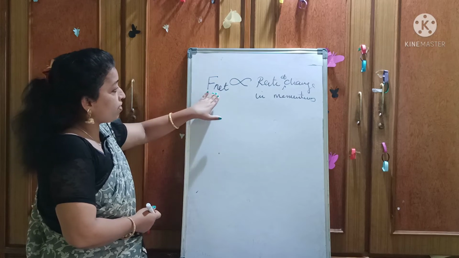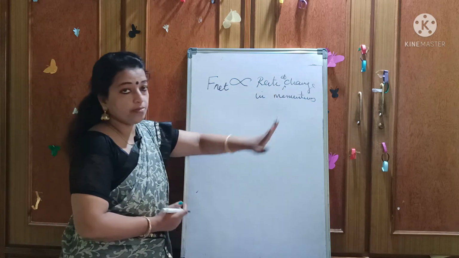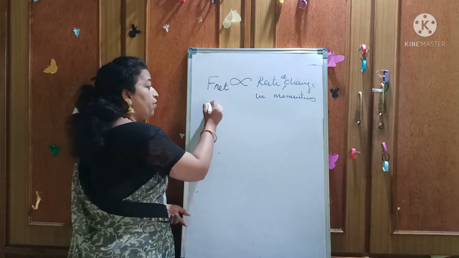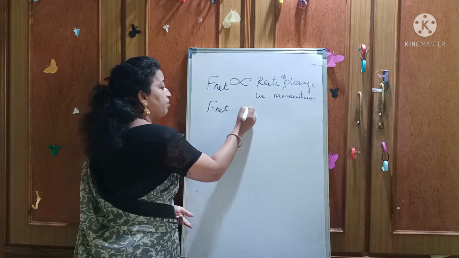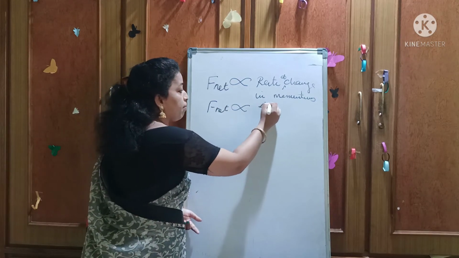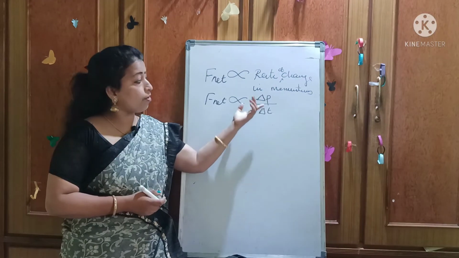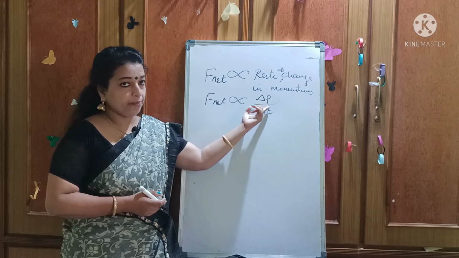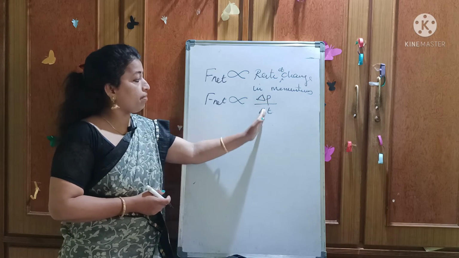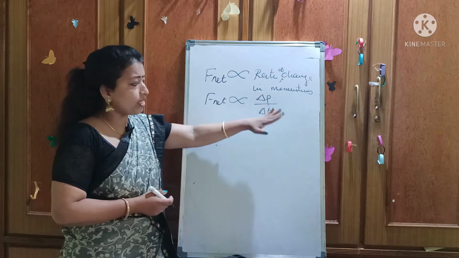So, according to Newton's second law of motion, net force is directly proportional to the rate of change of momentum. How to write it? Delta P by delta T. We already learned that momentum is denoted by the letter P, and rate of change means delta. So delta P by delta T: according to time, the momentum is changing. What does it indicate?